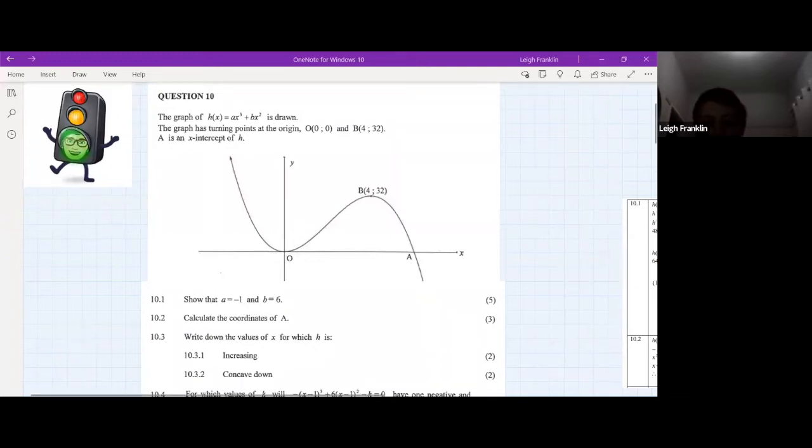Now, in maths, we also like to say to you guys, "show that," because what we want you to do is prove something is true. When you do a show that question, whether it's in financial maths, analytical geometry, Euclidean geometry, trig, cubic functions, whatever, you are not allowed to sub in what they've given you.